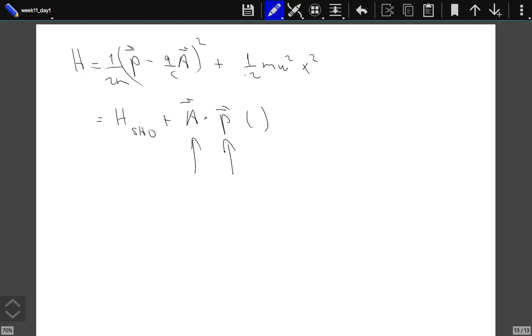Because in this Hamiltonian, the n kets will no longer be our energy eigenkets because of that additional term. So they will change with time.